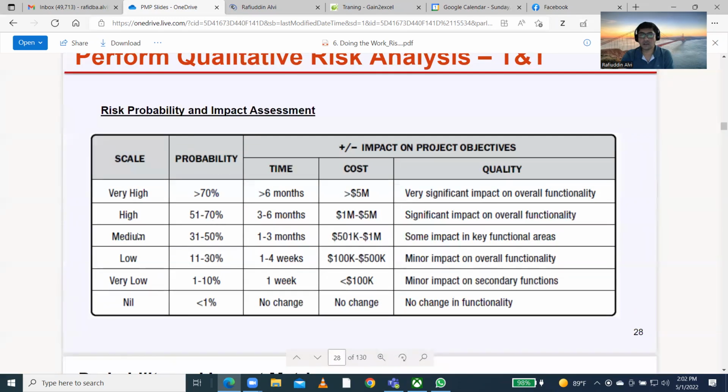If it is in this range, I will put it under high, and so on for medium, low and very low. Like this, you will make one assessment matrix and prepare a table.